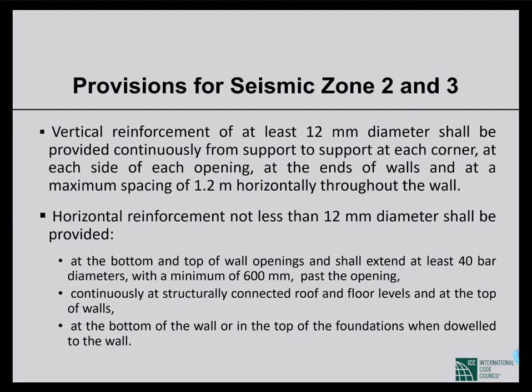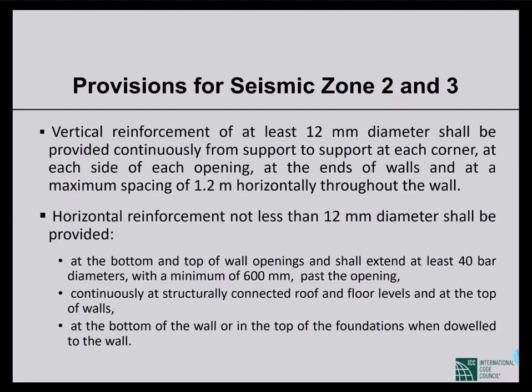At each corner and at each side of each opening. Suppose we have a door, on both sides of the door we have to provide reinforcement. We have a window, on both sides of the window we have to provide reinforcement, and at each corner we have to provide reinforcement. At the ends of walls, like the free ends of the walls, we have to provide reinforcement.